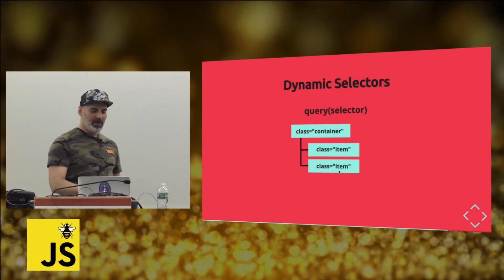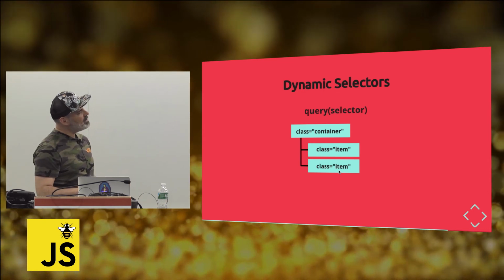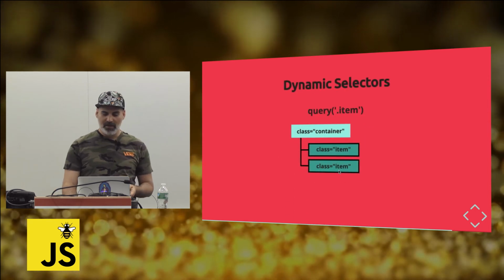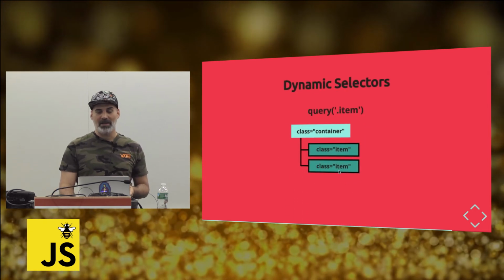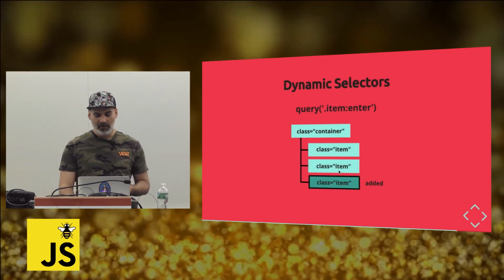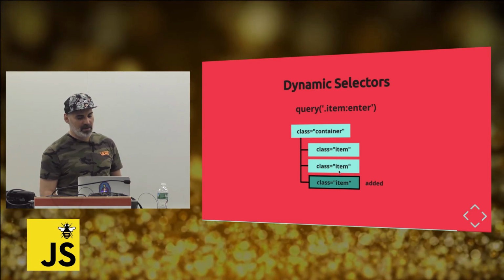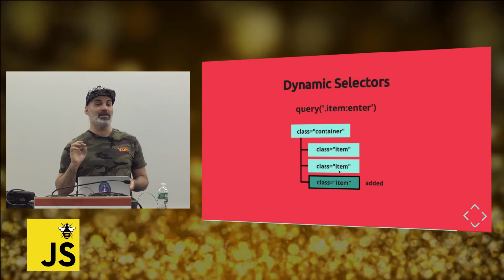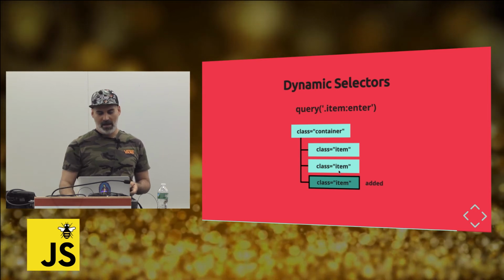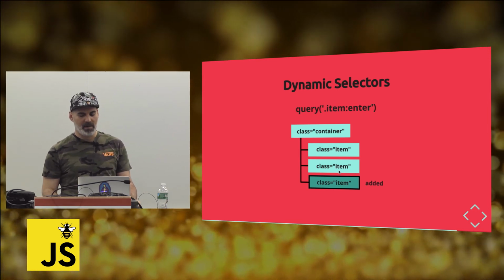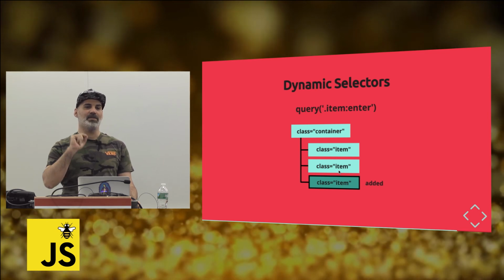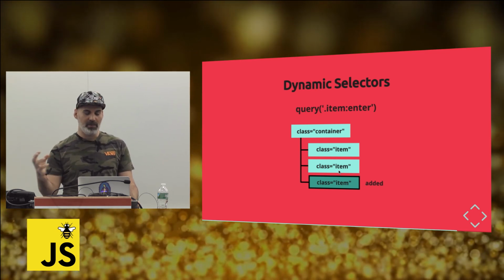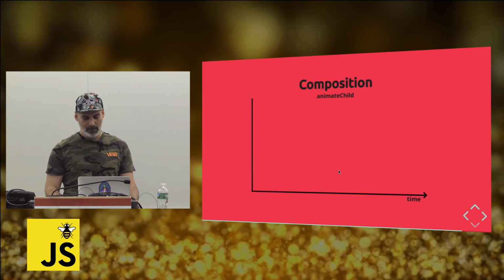Using a DOM like this, a container and a list of items, I can just pick the ones that I want to animate. For example, I can pick the elements which I'm adding, and this will look something like a CSS selector plus this :enter. So that will pick the newly added items.